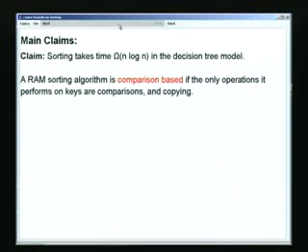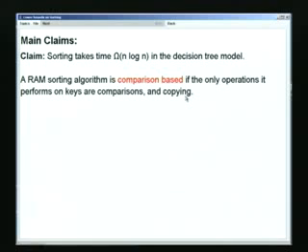But I first want to relate all this to a RAM model, because a RAM is, after all, what we use every day. So a definition first. A RAM sorting algorithm is said to be comparison based if the only operations it performs on keys are comparisons and copying.